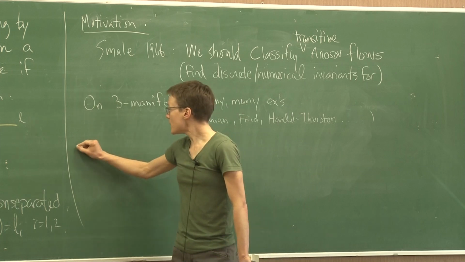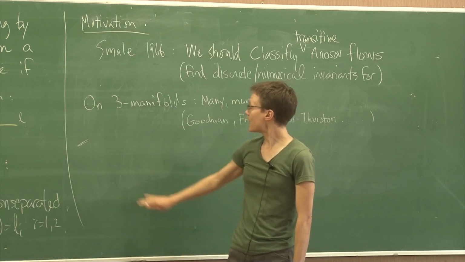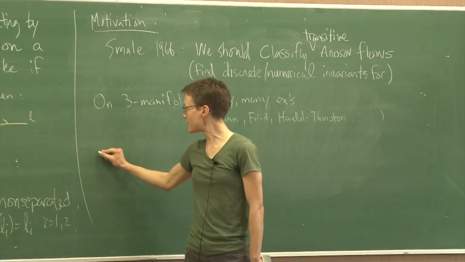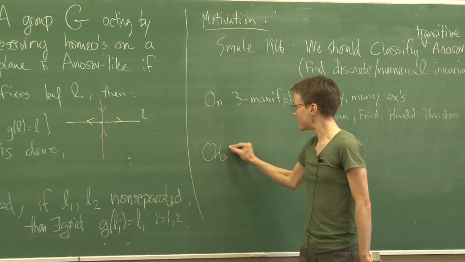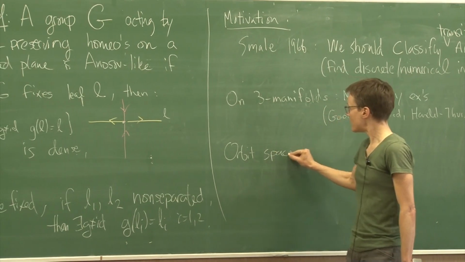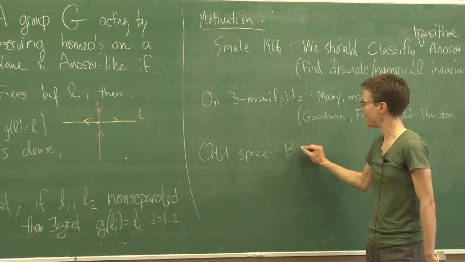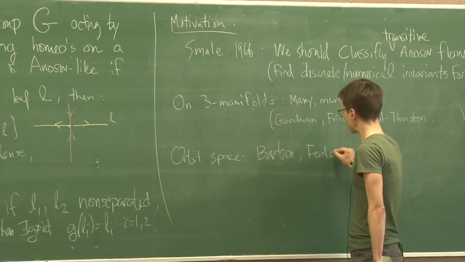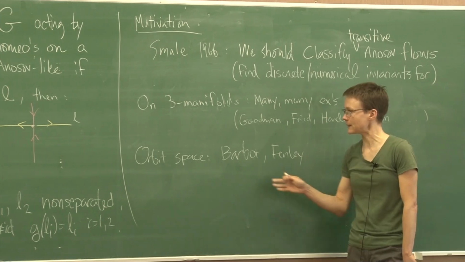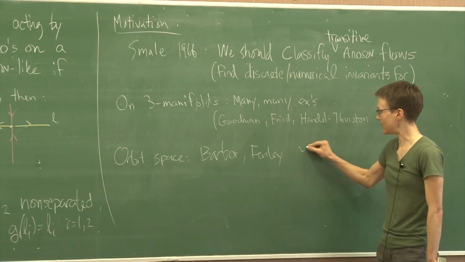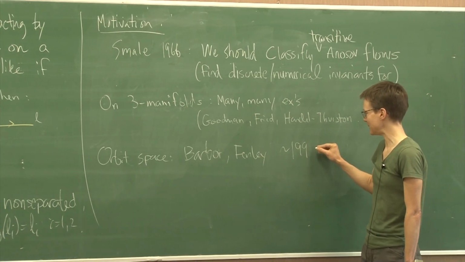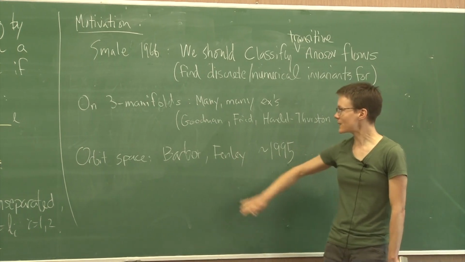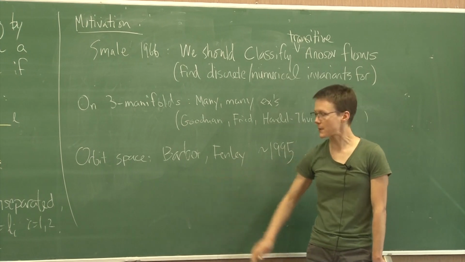But also on 3-manifolds, there's a nice picture, which is this orbit space. This idea of the orbit space was introduced by Barbot and Fenley. Independently, they started using this as a tool around 1990, mid-90s, 1995-ish, and are still doing interesting work from this perspective today.